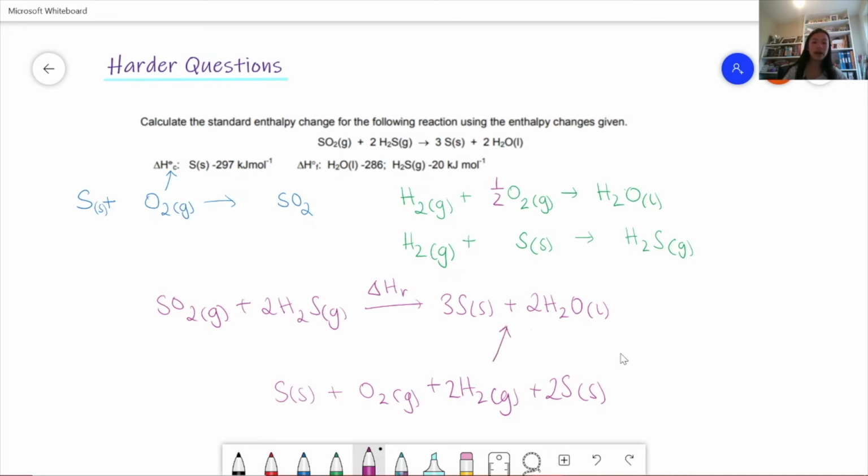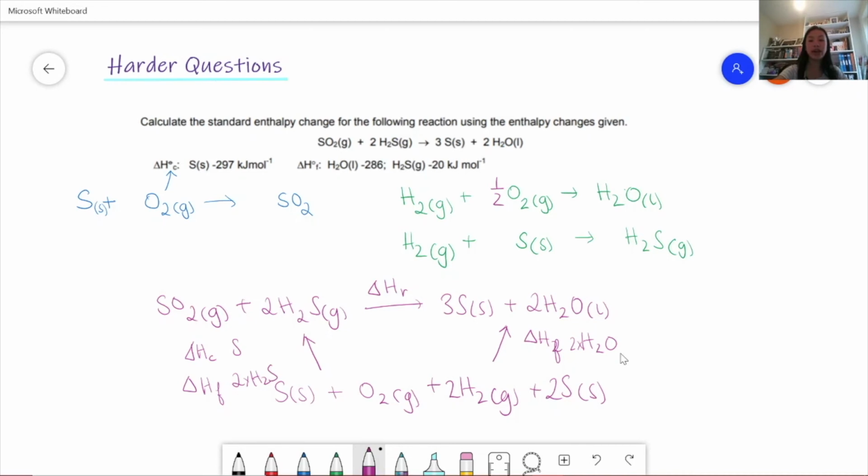So here we have the enthalpy of formation of the 2 H2Os, and then here we have the delta H of combustion of the sulfur, and we have the delta H of formation of the 2 H2S's.